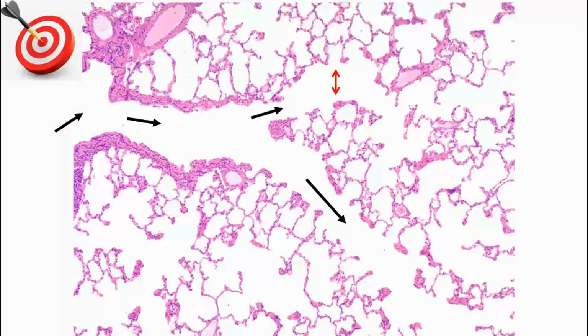Why? Because we have already so many divisions. There are around 22 sets of divisions to reach the alveolar sacs.